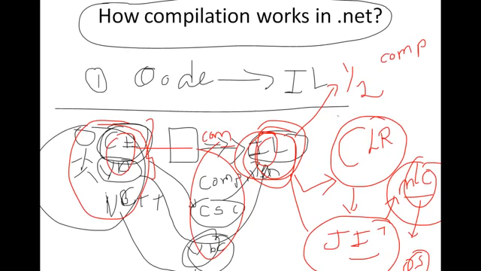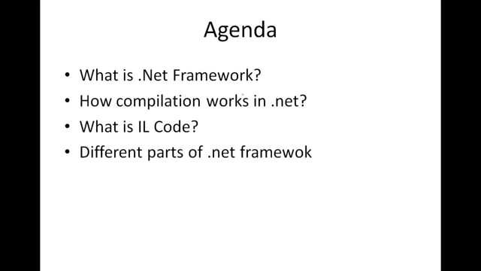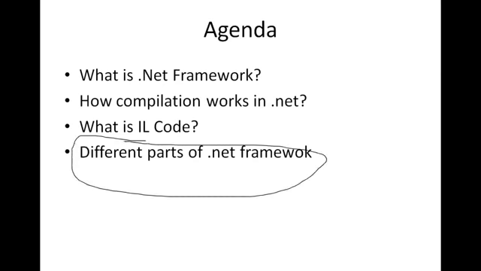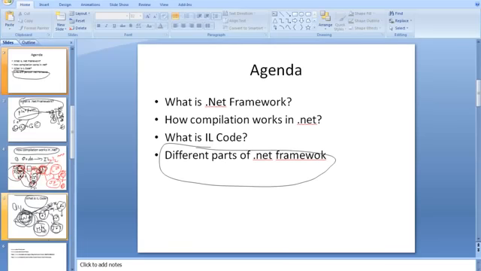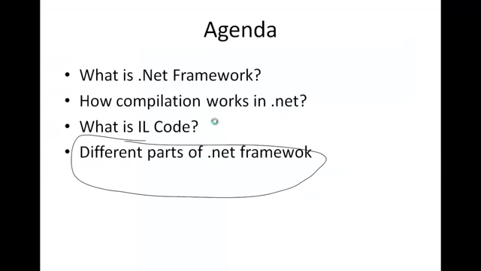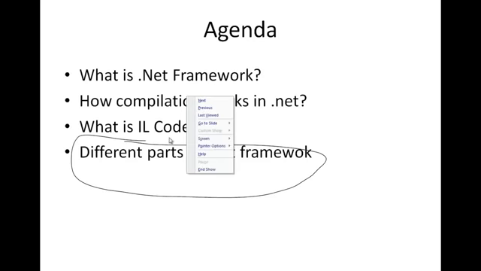Now the fourth point we should think about is what are the different parts involved in the .NET framework. As we said at the top, we had various languages like C#, VB.NET.